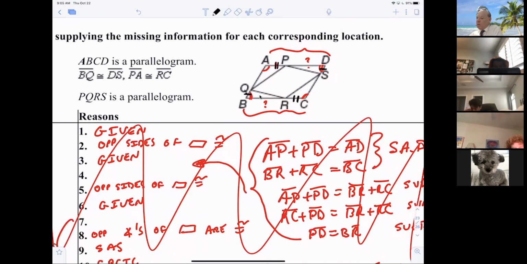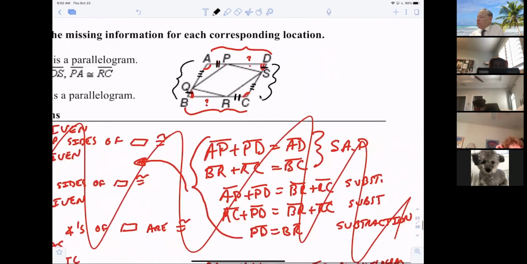In my opinion, I know that SC is equal to AQ. Does everybody agree with me on that? Because we know that AB is congruent to DC. So that's what I wrote here. Let me show you real quick. You would say AQ plus QB equals AB. Does everybody see that?